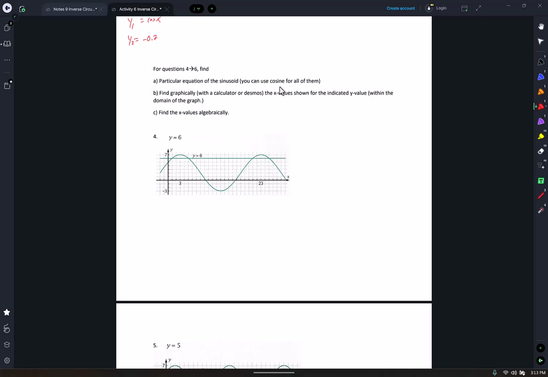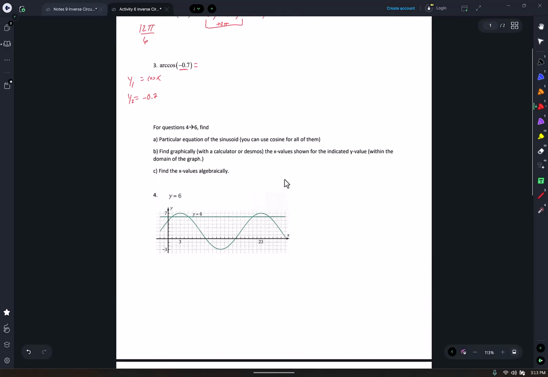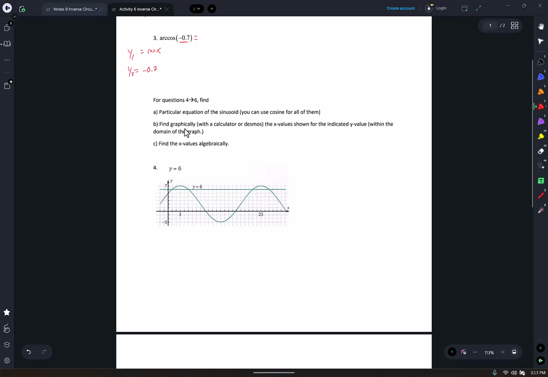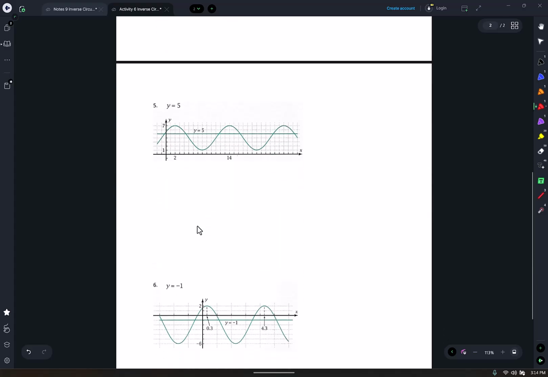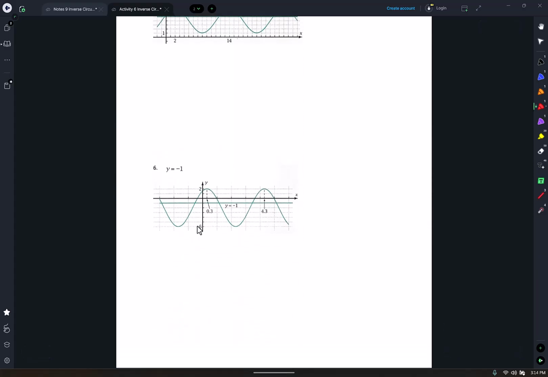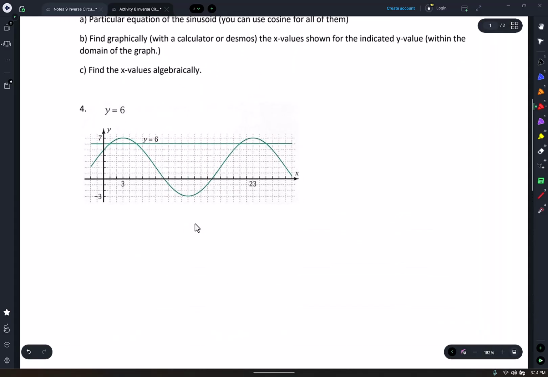We're experts for cosine, but since this is arc cosine, we're going to focus on cosine. Find a particular equation, find the answers of the graph, and find the x values algebraically. So tell me which one, 4, 5, or 6. We have one vote for 4. Number 4. Okay, let's focus on number 4.